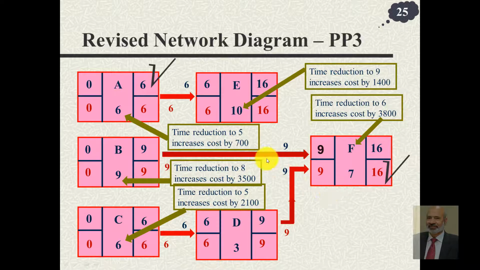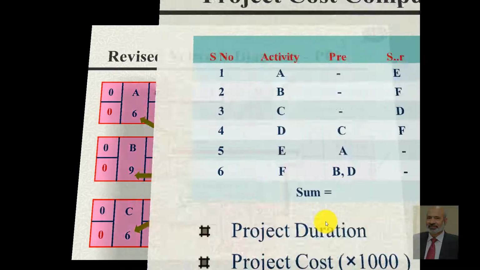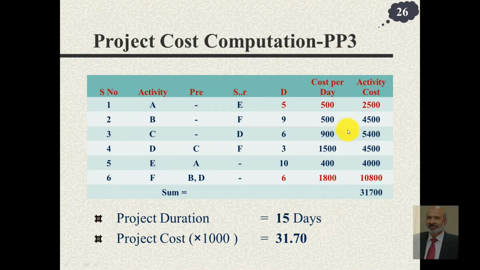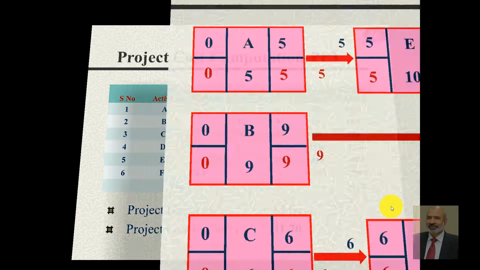So the cost would increase by 700 because of this, 3800 because of this, and we would end up reducing the time of A and the time of F. A goes to 5 days, F goes to 6 days. You put up new costs per day, find the overall cost of the activities and of the project. So the project completion time is now 15 days and the associated cost is 31,700.